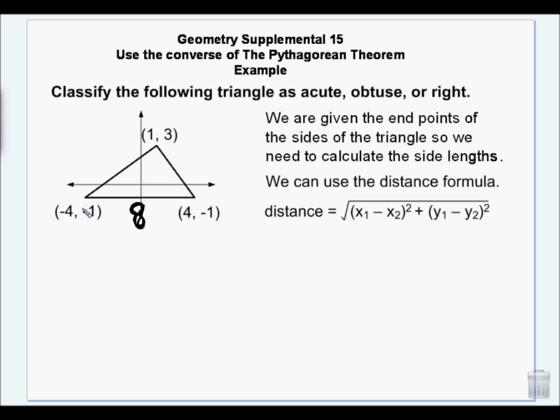So I'm going to start with this length here. The distance is equal to the square root of 1 minus -4 squared plus 3 minus -1 squared.